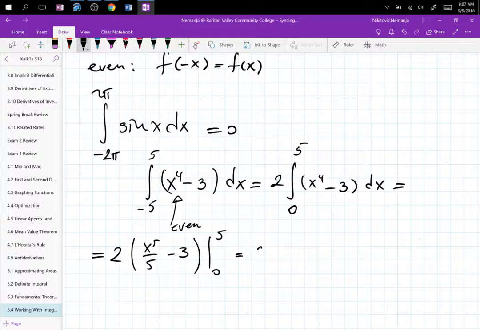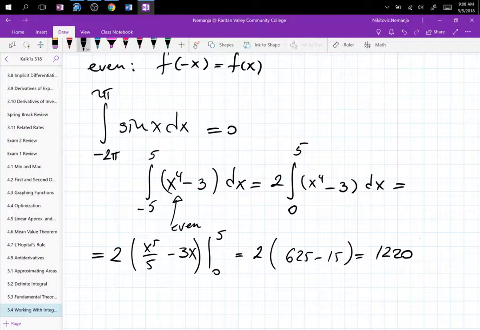And that's 2 times, now 5 to the 4, 625, divided by 5... I'm supposed to say 3x, minus 15. That's 612. 610, I mean. And then double it. Good.